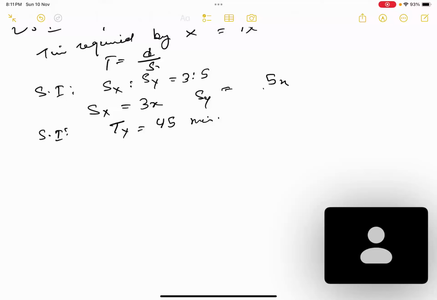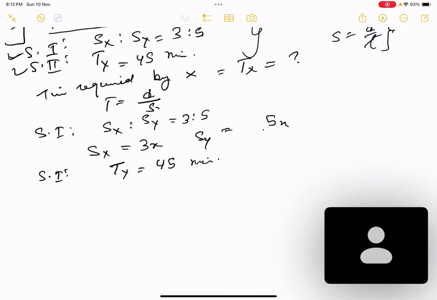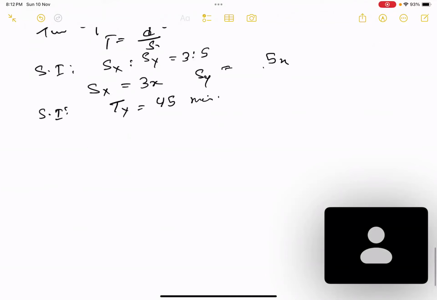Now remember that in this equation, to reach a certain destination, right? Since the destination is fixed, distance is the same, right? Distance is the same for x and y.